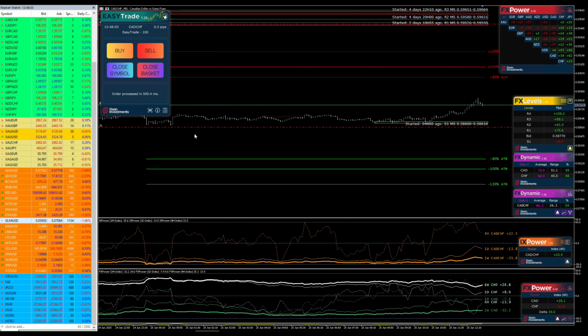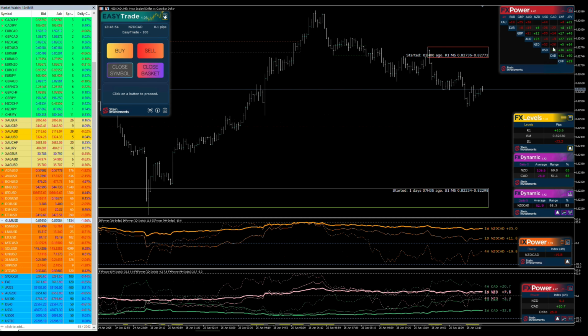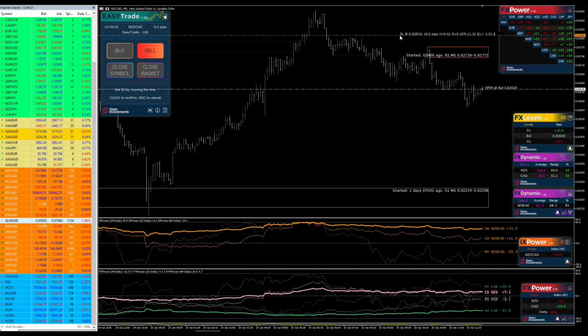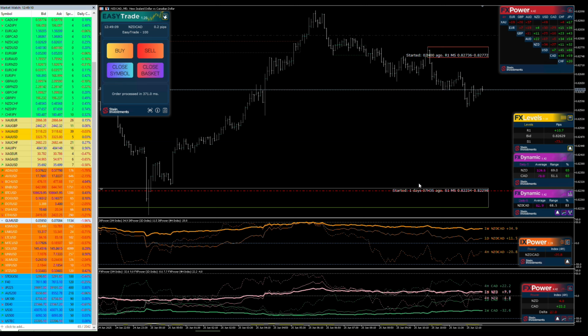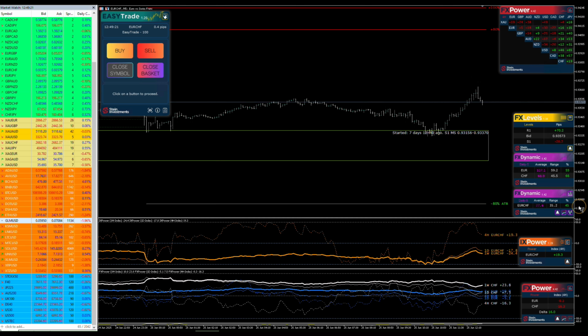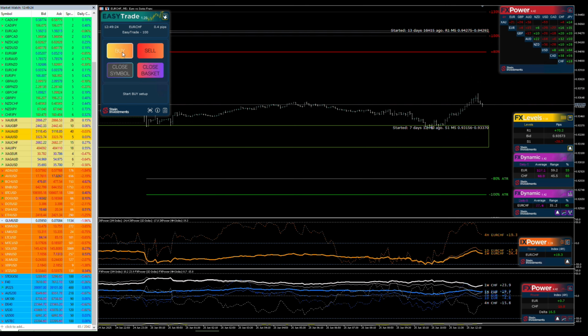So the next one was New Zealand dollar Canadian dollar sell. There we are. And this is a pretty new resistance level here, so I will add some additional space and set the profit target here. Then we have Euro Swiss franc to the buy side. Okay. Stop loss here.